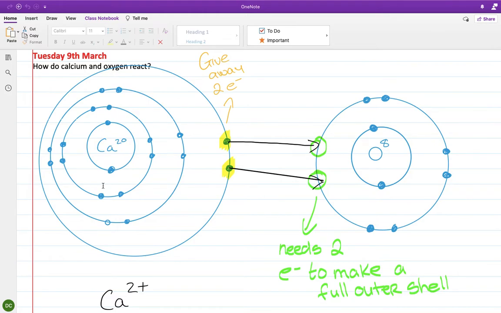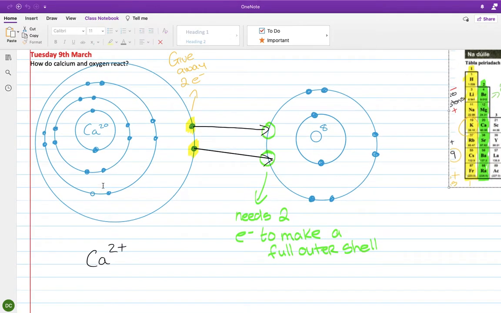Oxygen has taken on 2 extra electrons, so it's taken 2 extra negative charges. So now it's negatively charged, so it's oxygen 2-. So calcium has become Ca2+, and oxygen has become O2-.